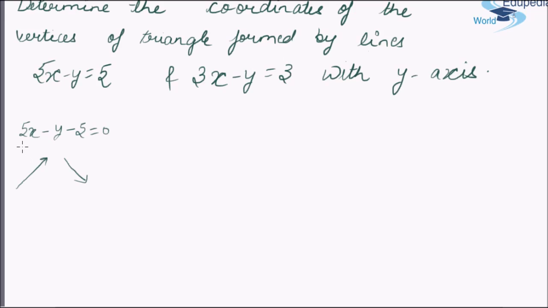Now if the product of coefficients, say p, which here is 5 into minus 1, that is minus 5, is negative, then the line will be upward going, whereas if the product is positive, the line will be downward going.